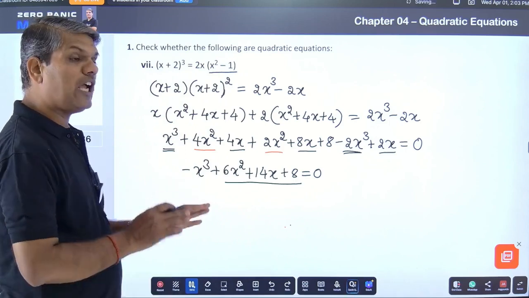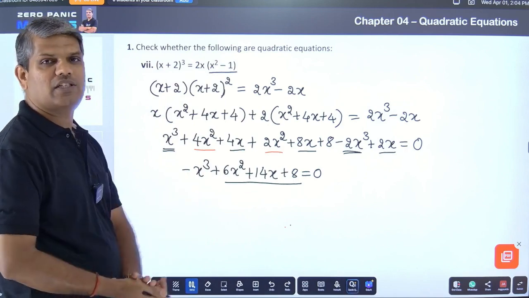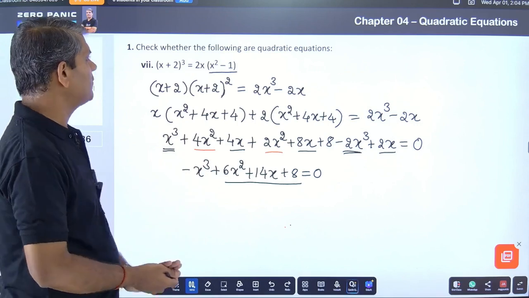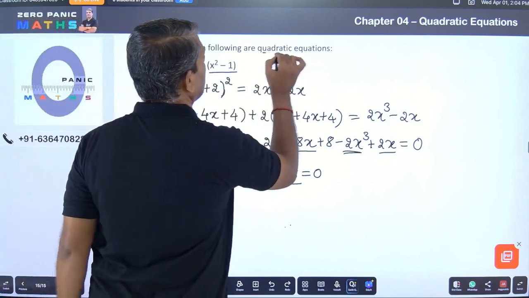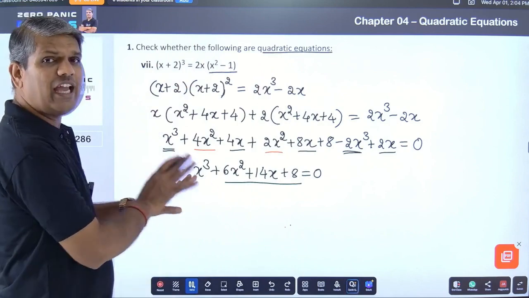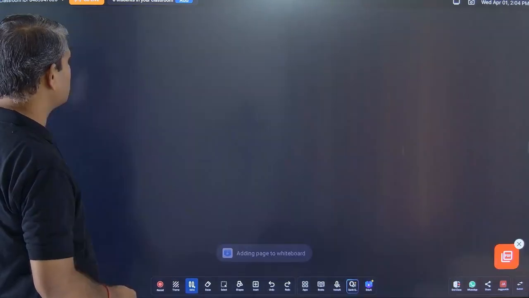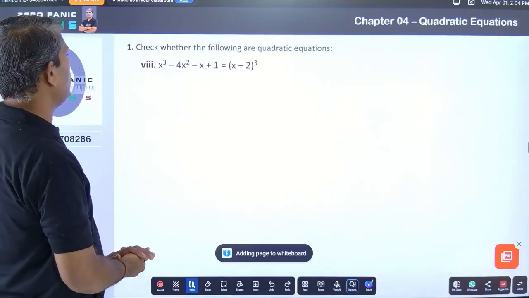So this is not a quadratic equation. You can call it a cubical equation, but not a quadratic equation. But that is not what is asked of us. We have to prove that it is a quadratic equation. So this is not a quadratic equation. Fine.